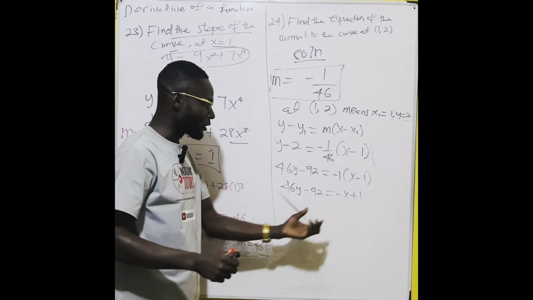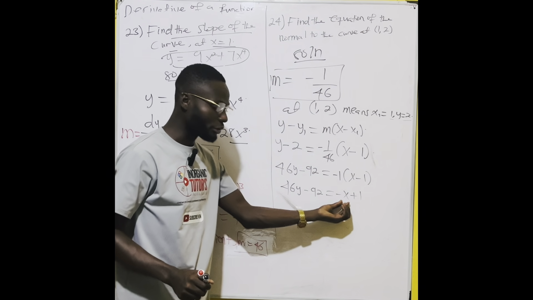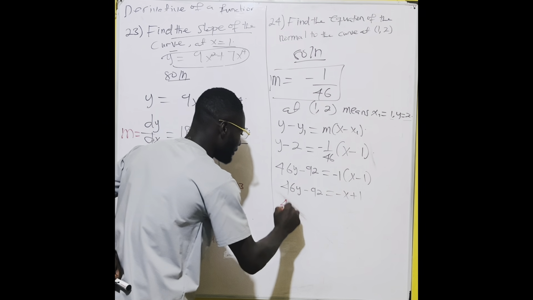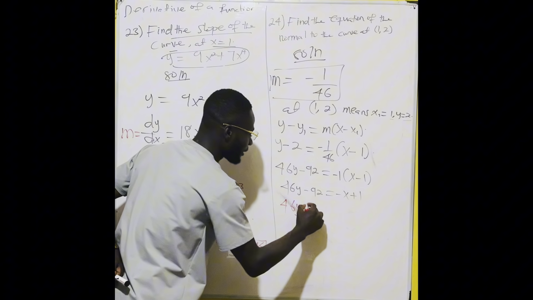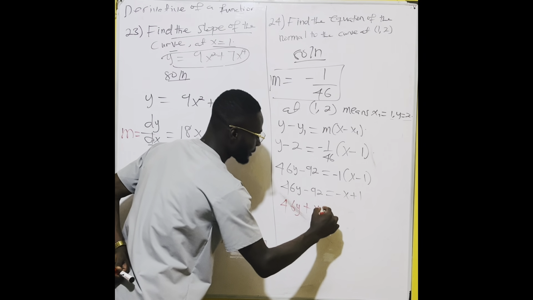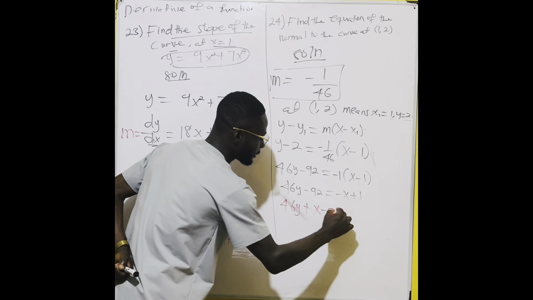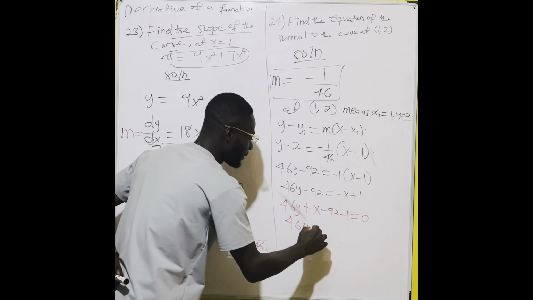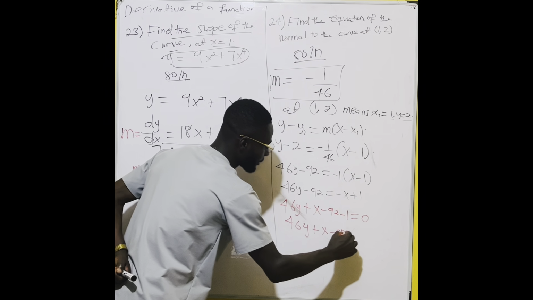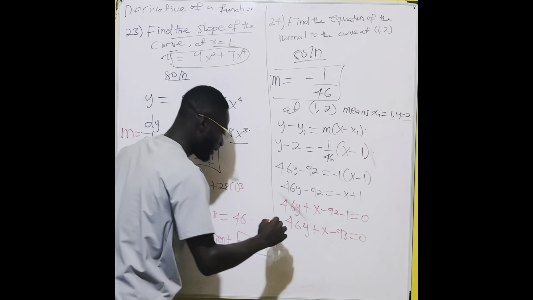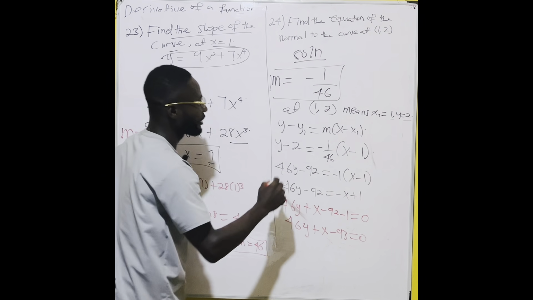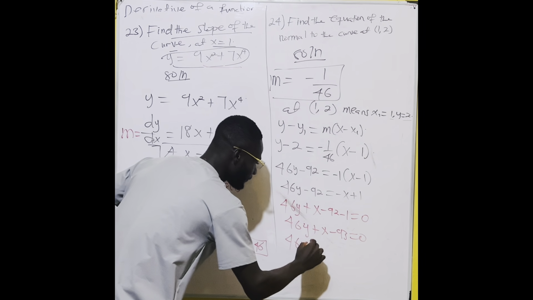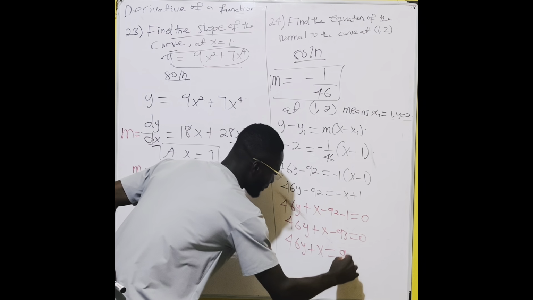When we group the terms well, we have 46y plus x minus 92 minus 1 equals 0. So we have 46y plus x minus 93 equals 0. So the equation of the normal to the curve is 46y plus x equals 93.